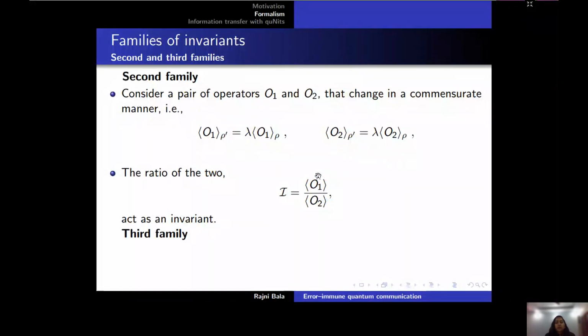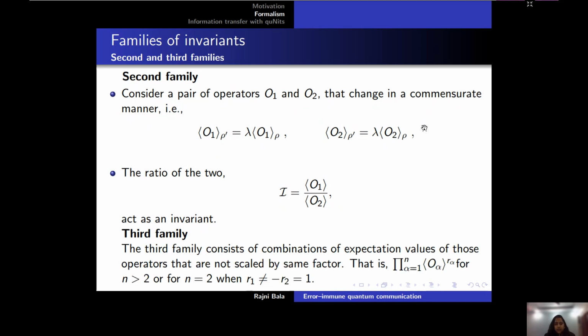Now, going over to the third family. In the third family, we relax this condition of change in the operators in a commensurate manner. However, we consider all such kinds of operators, which can be two or more than two, such that the corresponding product remains invariant.